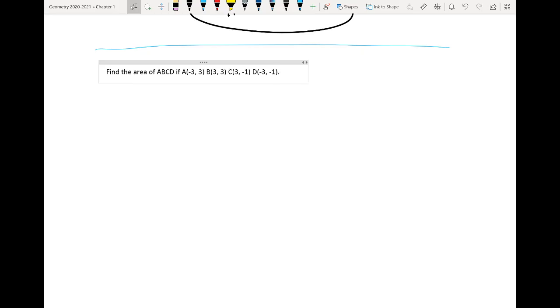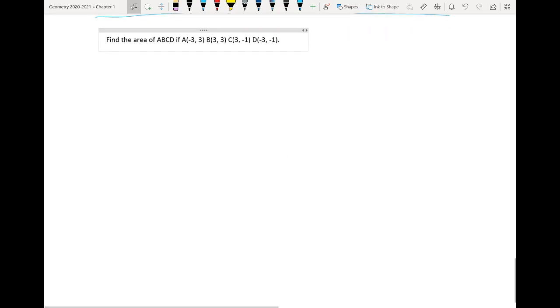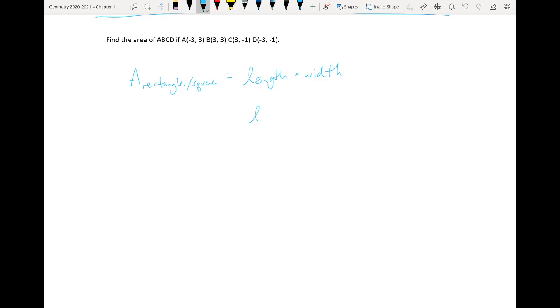Now, if I asked you to find perimeter, it's different. You're going to have to calculate the distance of 4 sides and then add them all together. But remember, the area of a rectangle, which is effectively the area of a square, if you recall, is going to be length times width, or LW.